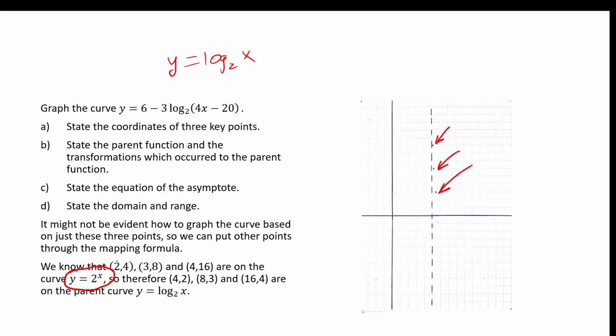So what we're going to do is come up with additional points on the curve y equals 2 to the x, and then switch the x and y coordinates of those to come up with the inverses of those points. So 2, 4 becomes 4, 2, 3, 8 becomes 8, 3, and 4, 16 becomes 16, 4. And that's going to give us more points on the curve y equals log base 2 of x.